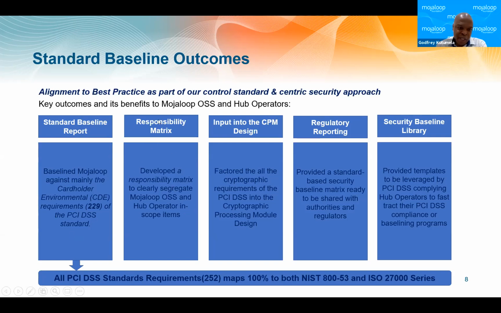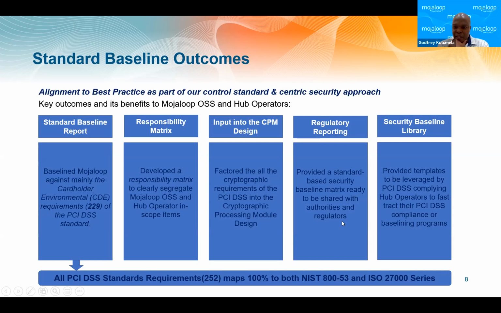Also, the responsibility matrix is one of the byproducts of this, for everybody to see which responsibility can go where. And going into what we have done under the CPM, we actually factored in some of the requirements that come from the PCI DSS into our cryptographic processing unit.